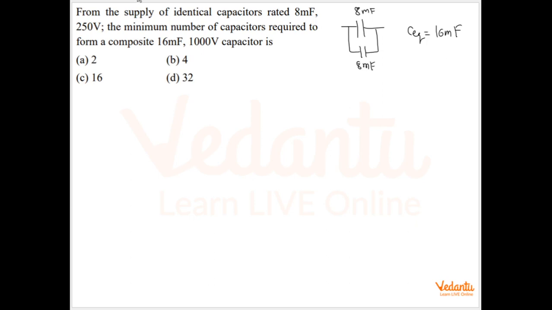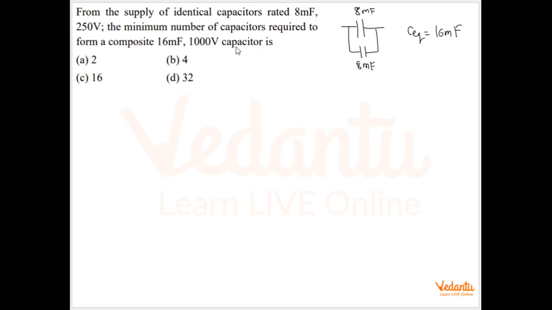See, what you have to understand my dear bachcho is that the rating of this capacitor is 250 volt. Essentially beta, this setup will only work if the potential difference across the capacitor is 250 volts or less than that.